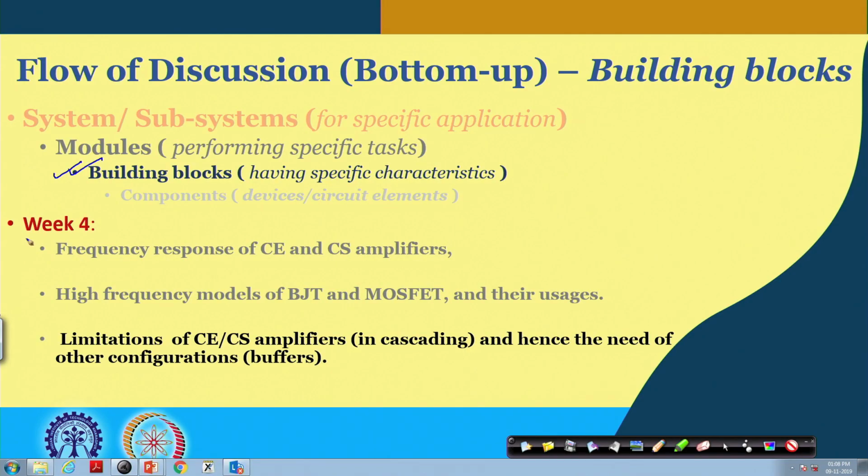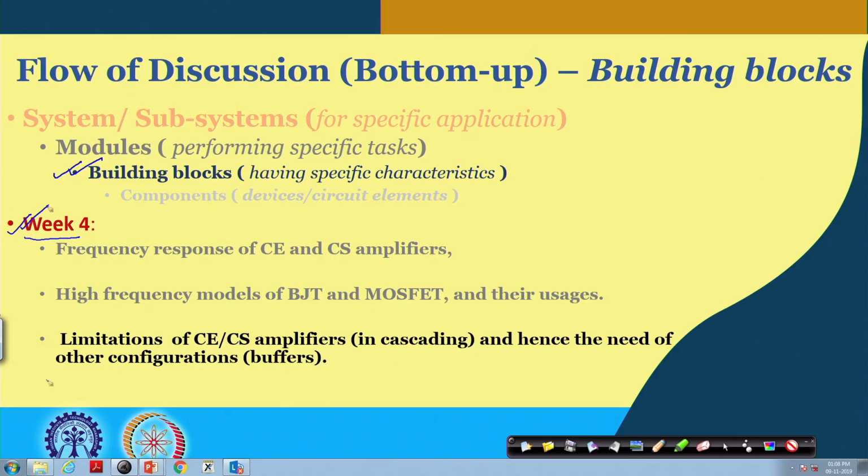So, let us look into the flow, what we have and where we stand today. So, this is the overall flow. Presently we are in the building blocks, and under the building blocks we have the fourth module, or week four.